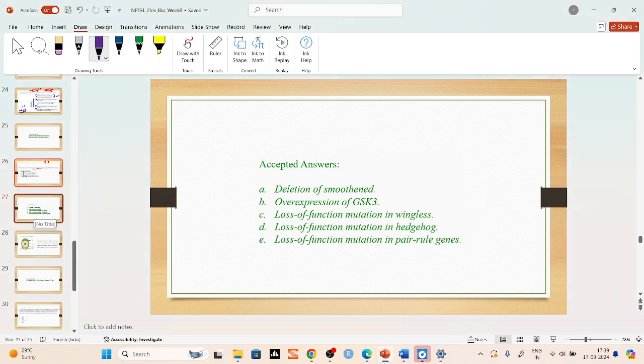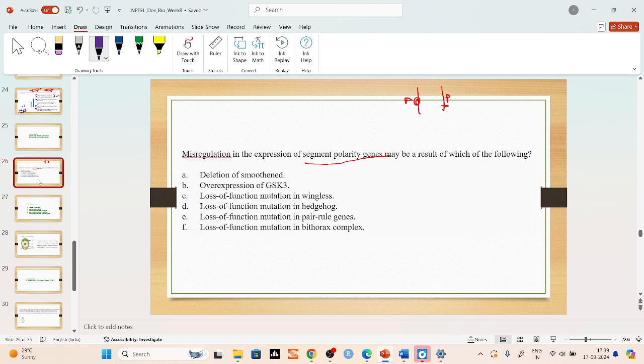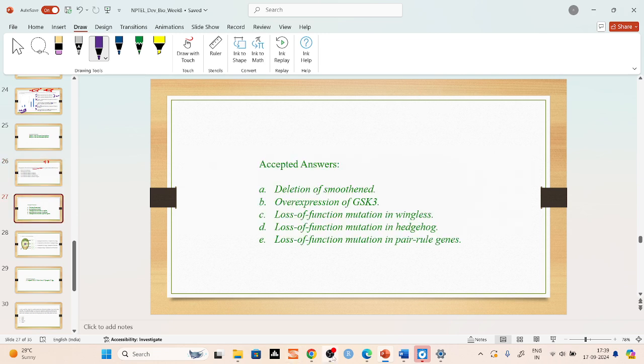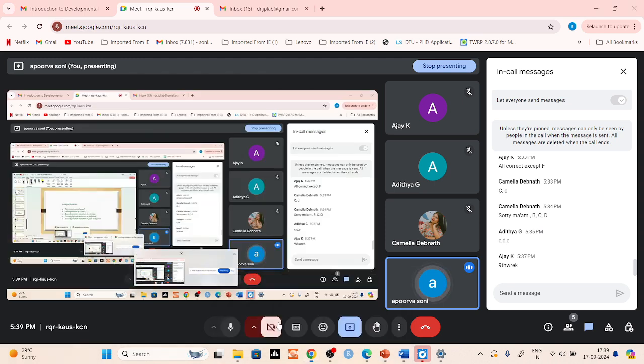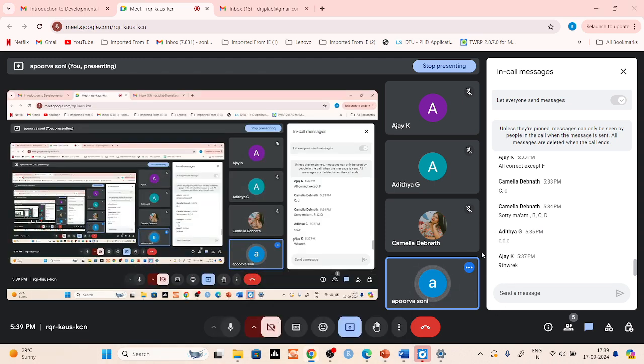So, accepted answers for this question are A, B, C, D, and E. So, except F, everything is correct. Now see what you have answered. Ajay has answered all correct except F. Okay, good. And others have also answered correct only.